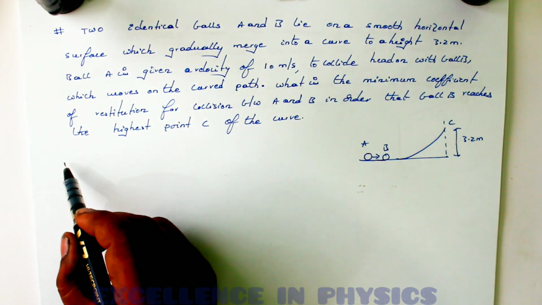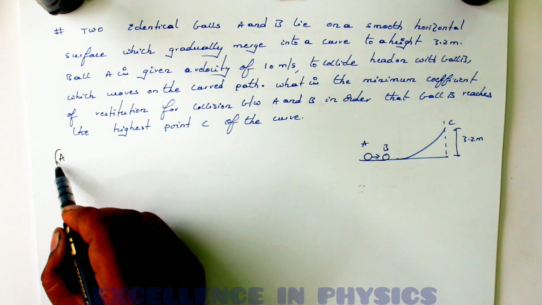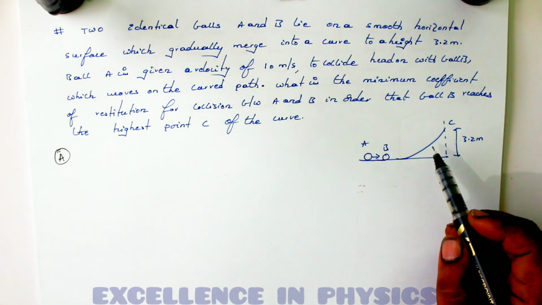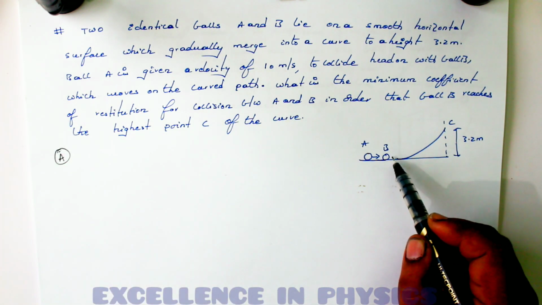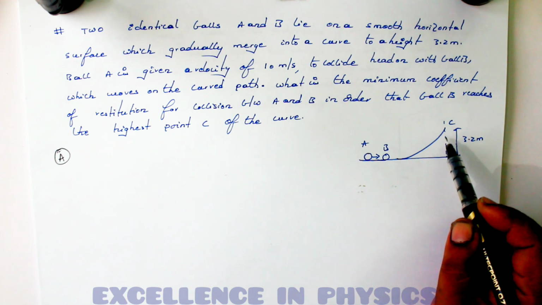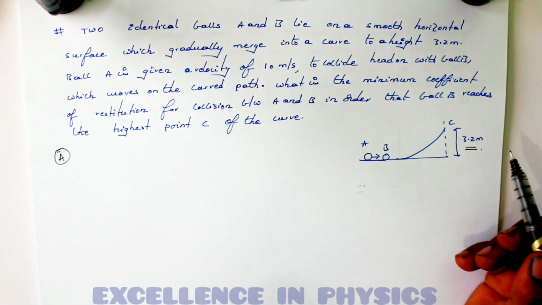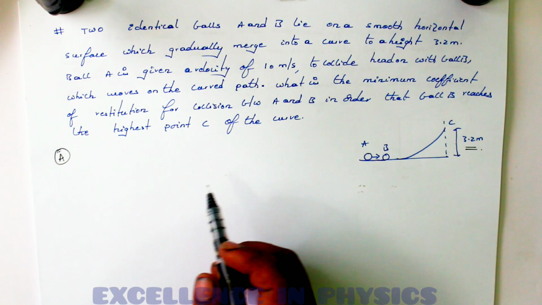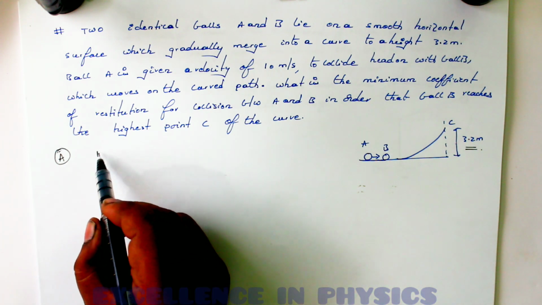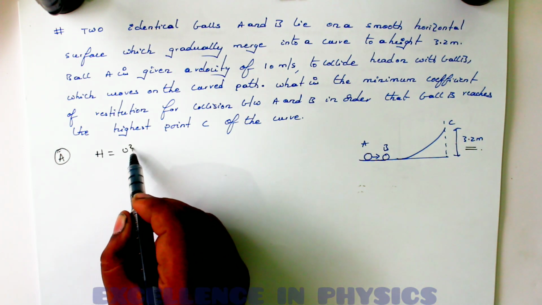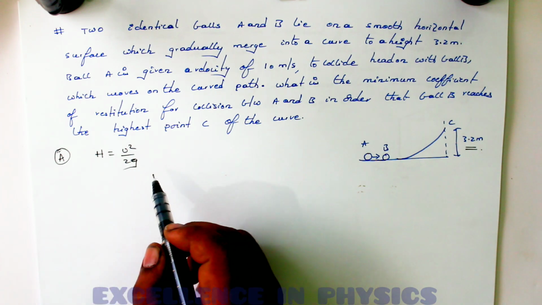First, we can very easily solve this problem if I calculate the velocity required for ball B to reach a height of 3.2 meter. For that we have the equation for maximum height reached, h is equal to u square divided by 2g.